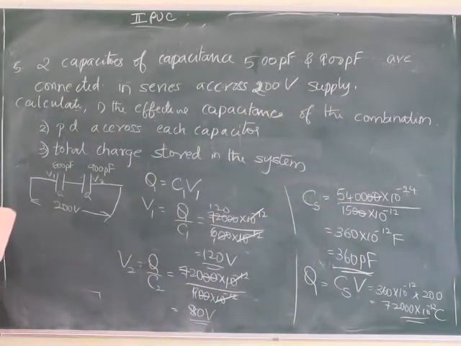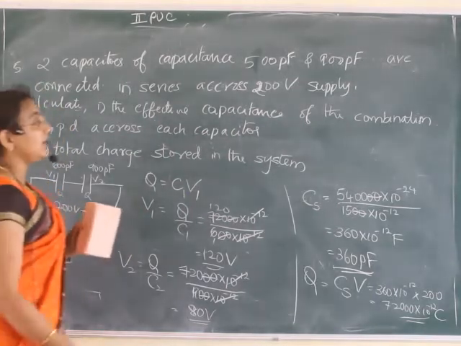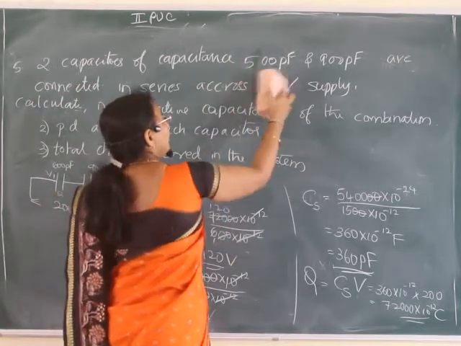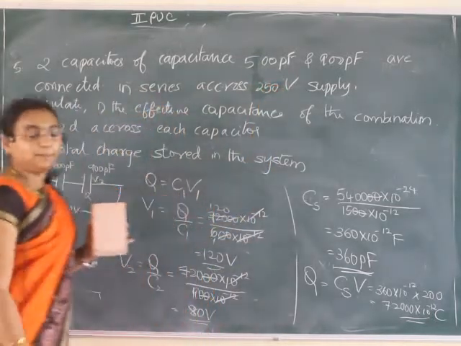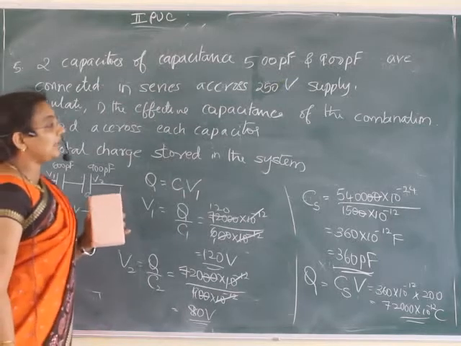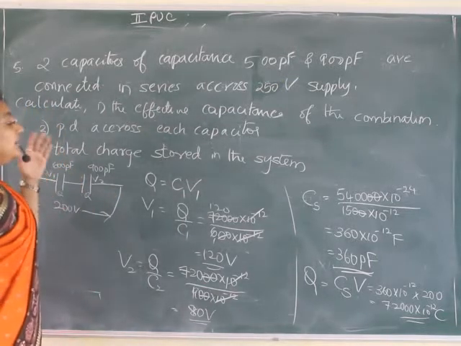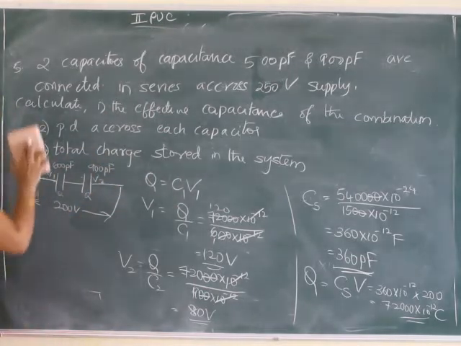Two capacitors of capacitance 500 picofarad and 900 picofarad are connected in series across a 250 volt supply. Calculate the effective capacitance of the combination, the potential difference across each capacitor, and also the total charge stored in the system.